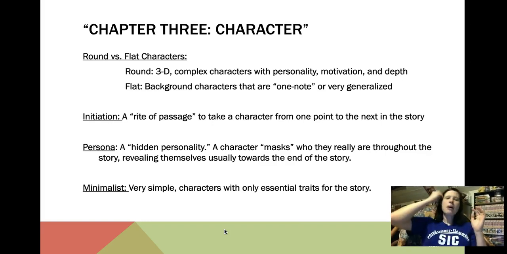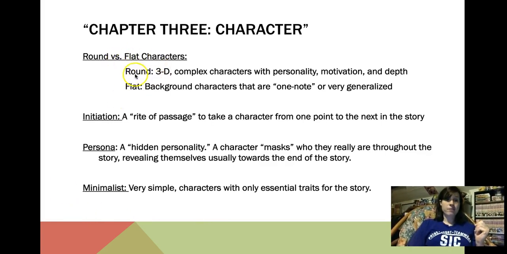So I'm going to use Harry Potter because it's a good example. Harry, Ron, and Hermione are very round characters. We learn about their families, their aspirations, their motivation, what drives them, their likes, their dislikes, their personalities, their worldviews. We learn everything about them almost like they are real people. And that is a round character.